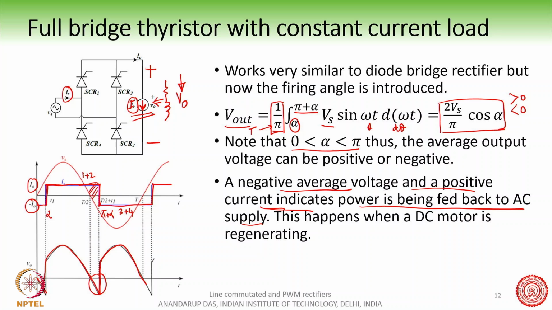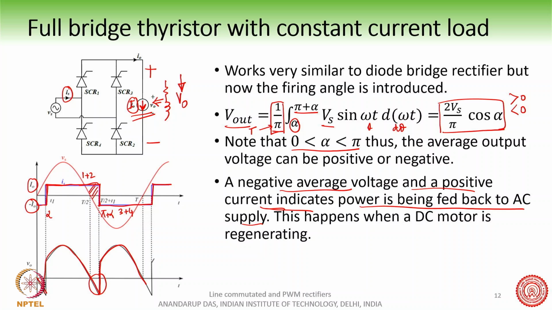In particular, when a motor is regenerating. Since these thyristor rectifiers are used for DC motors, when the DC motor is regenerating, basically it is sending back its energy into the supply.